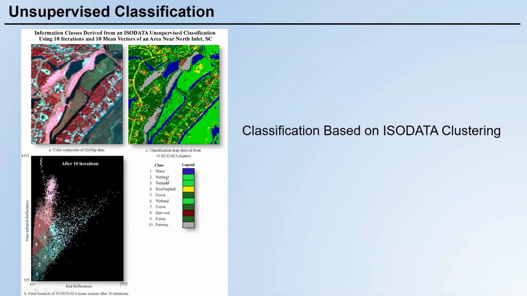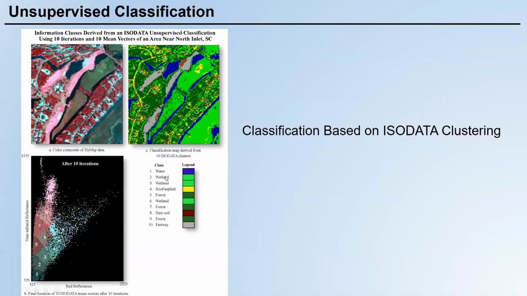It's not necessary to differentiate them. So according to the analyst's decision, we should combine class 2 and class 3 and consider both of them as wetland, or simply say we have 2 and 3 combined as one class, wetland.